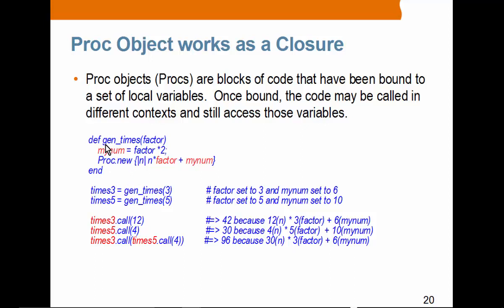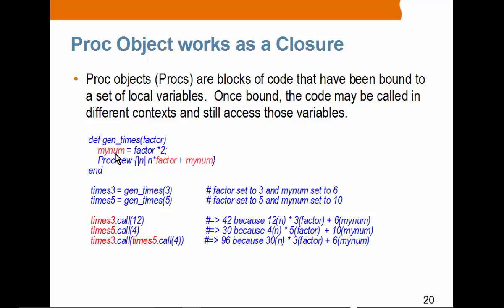It gets created only when this method is invoked, because you can think of this as just a definition of a method. This method will be executed only when it's invoked.